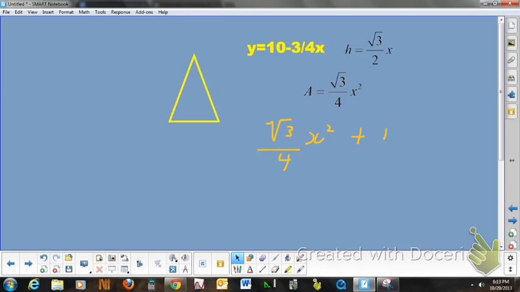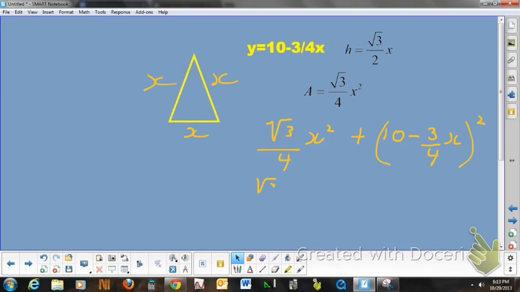But we already know that y is 10 minus 3 over 4 x, and it's that squared. So now we have an expression that we can find x from, and we can find the value of the triangle, then we can also find the value of the square. So we've got this, and we're just going to have to work this out.